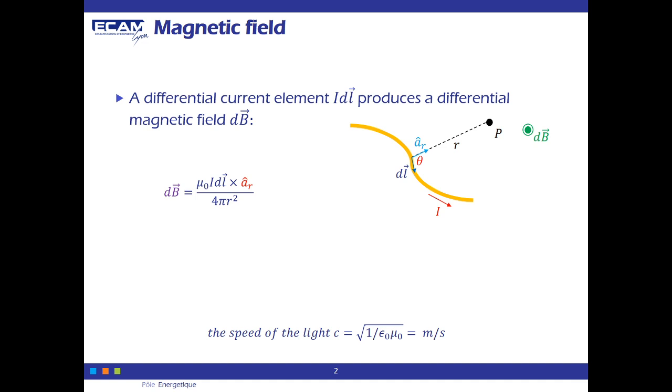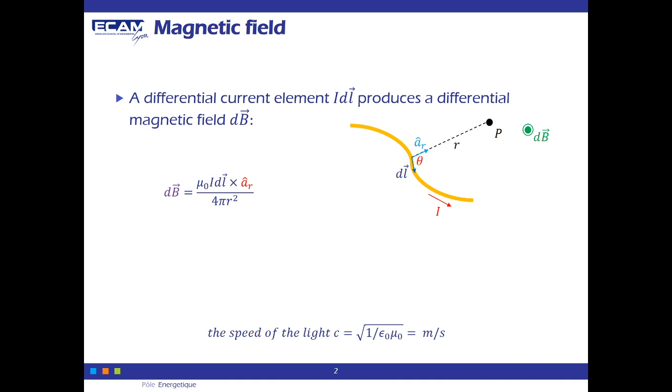We said that the magnetostatics concept is based on the movement of particles carrying charges. Here, the yellow conductive segment carries current I, which is a function of the electrons' movements with a certain velocity and a certain vectorial direction.